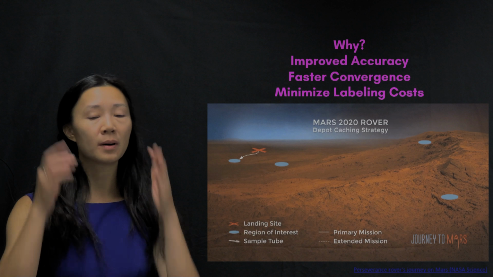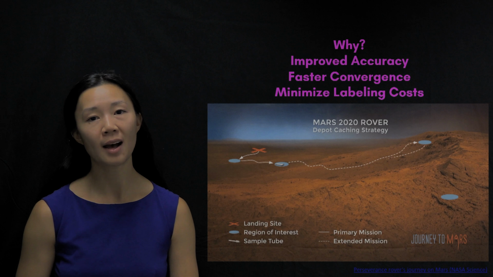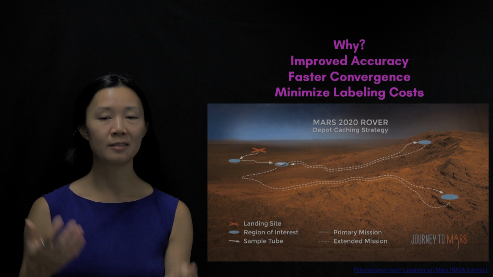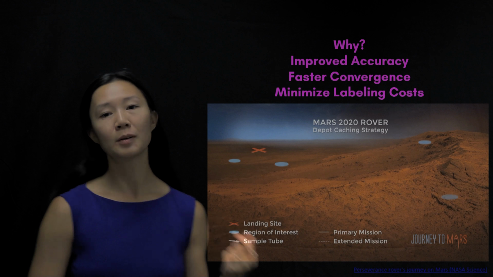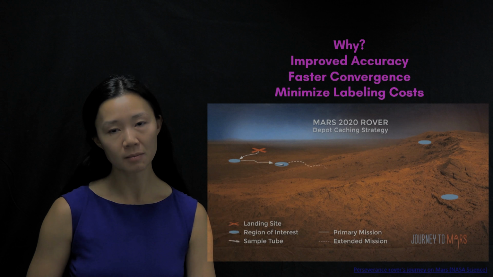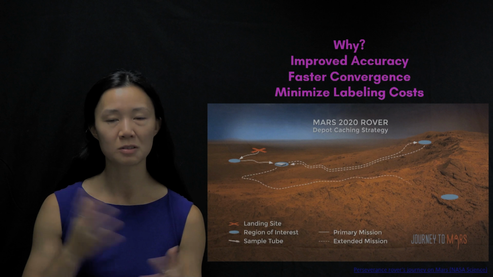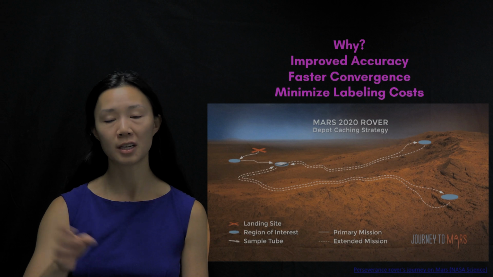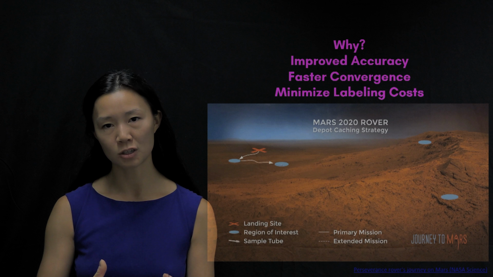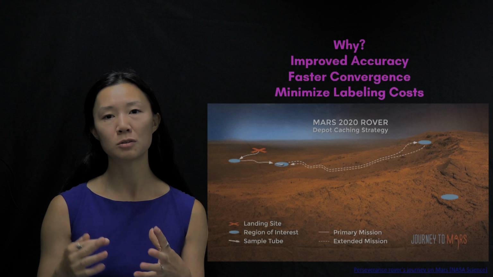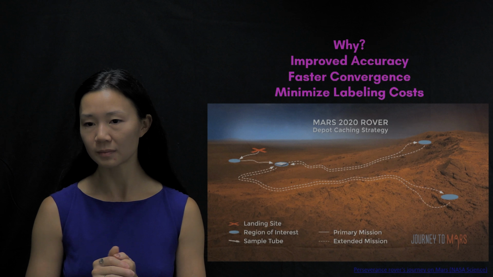Another reason why you would want to use active learning is if you have a very expensive sampling campaign. I'm going to use the example of the Mars 2020 mission, where it took billions of dollars to build this rover, and then we had to launch it, and then once it landed on the surface, we wanted to make the most of its finite lifetime.